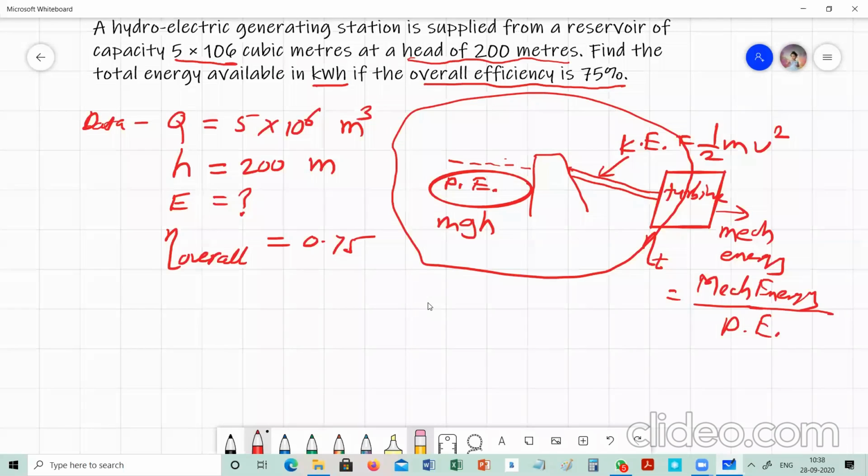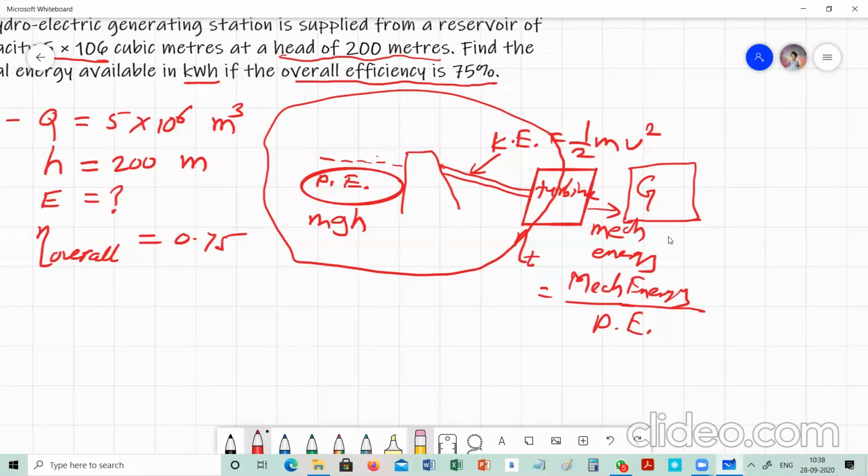Again, this turbine is connected to the generator section, and the generator has efficiency eta g. The generator generates electrical energy, so eta g is equal to this electrical energy divided by input energy, that is mechanical energy.